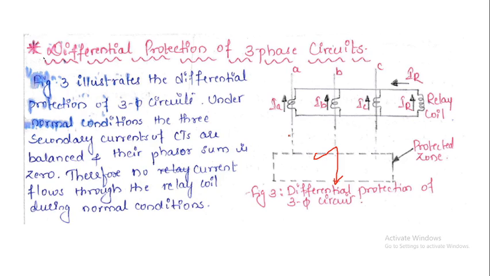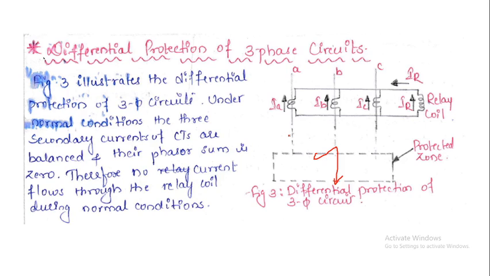The current changes compared to IB and IC, so there is an unbalance. So the phasor sum of IA, IB and IC is not equal to 0. Some amount of current flows through the relay coil, and the relay is going to operate.